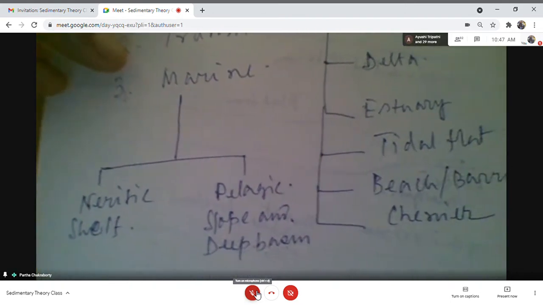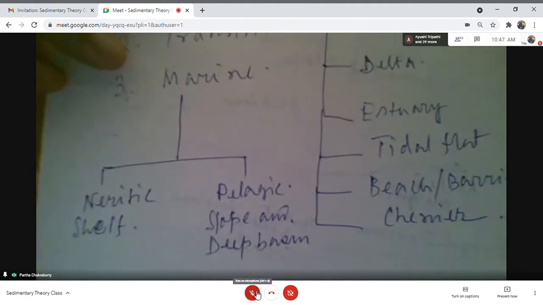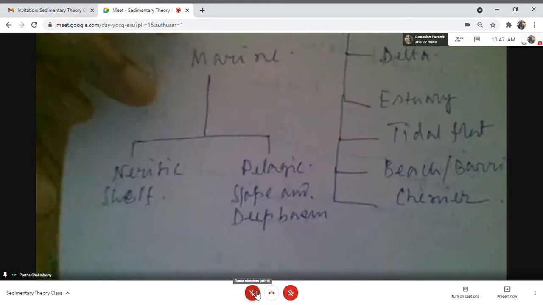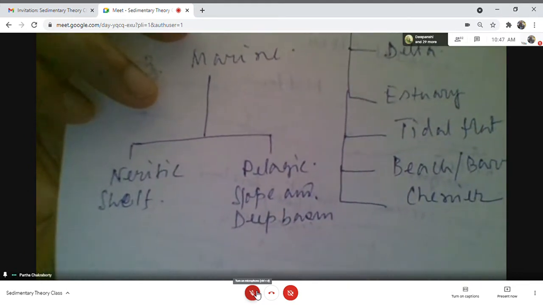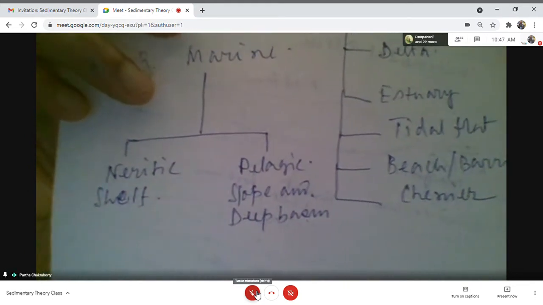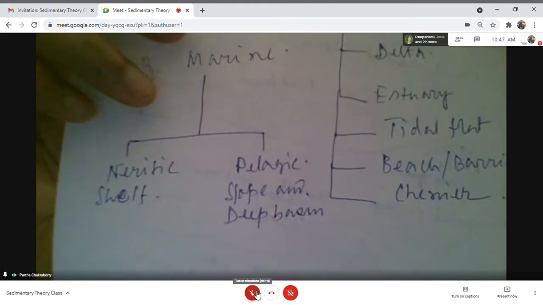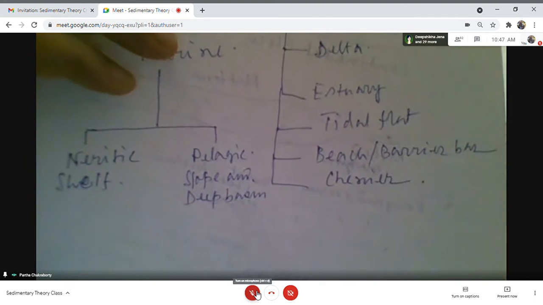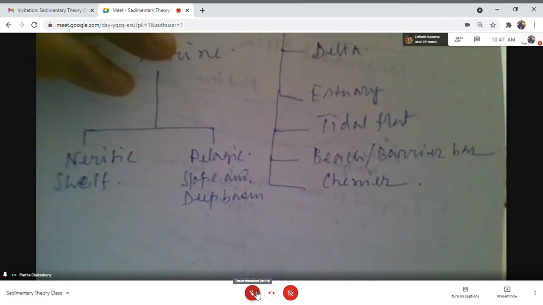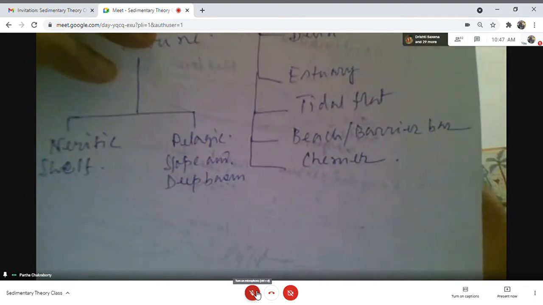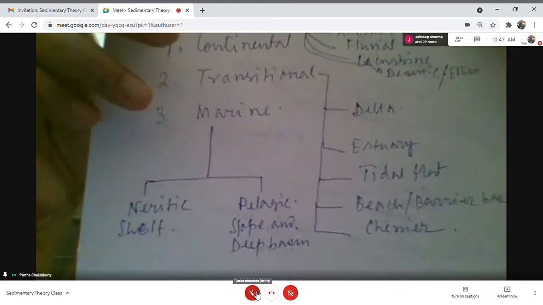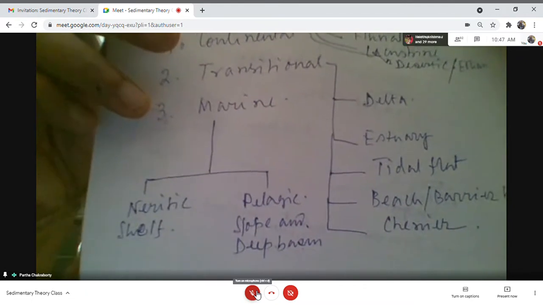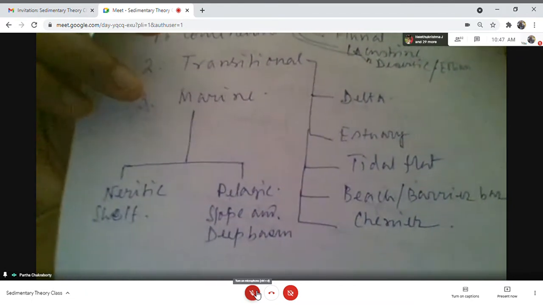Then transitional, that is delta, estuary, tidal flat, beach barrier bar, chenier. All these are the transitional. And in case of marine, you can have the neritic and pelagic, shelf, slope, and deep basin. These are the environments on the surface of the earth. We cannot have any other kind of environment on the surface of the earth.